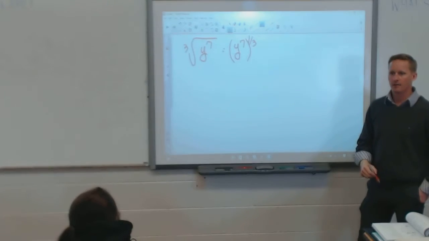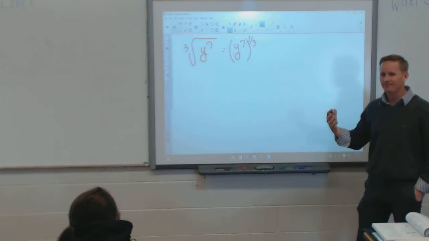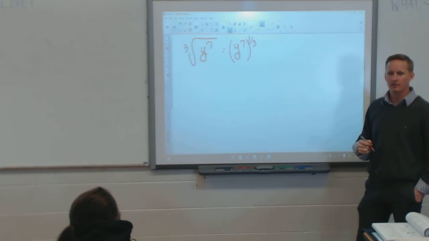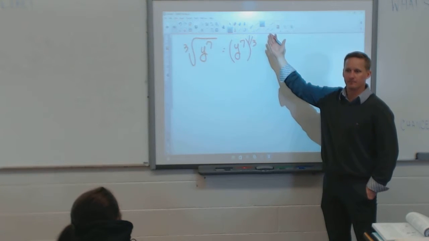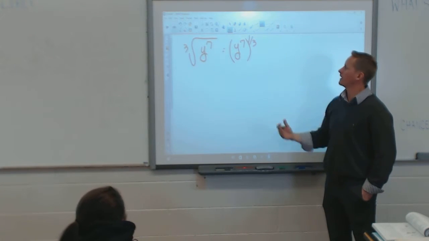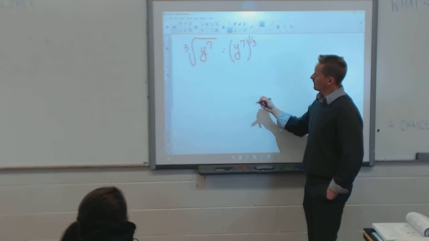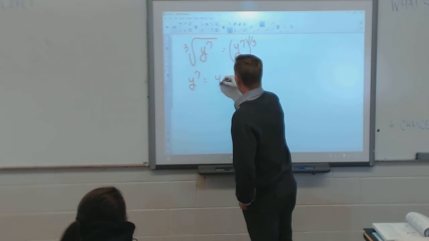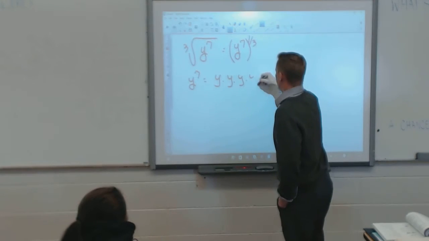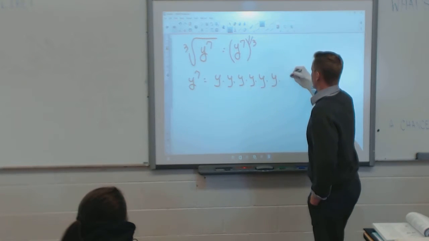Right? Okay, so this one, not real sure. Because it's 7 over 3, right? So what do I do? Well, I could have done exactly what I did earlier. Y to the 7th. 1, 2, 3, 4, 5, 6, and 7.